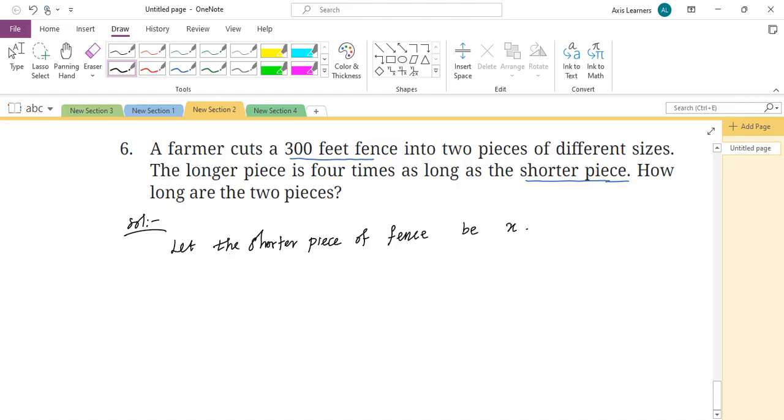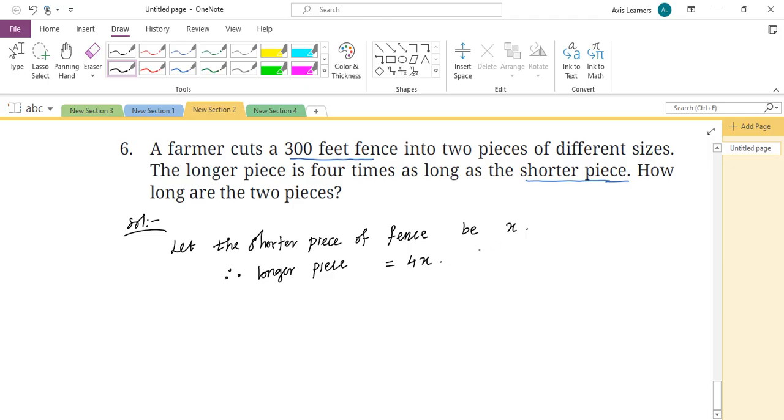Okay, so one is x, then what will be the longer piece? 4 times as long as the shorter piece, equal to 4 times x. Then how are they dividing? They are dividing it into two pieces. Okay, we will find the answer.